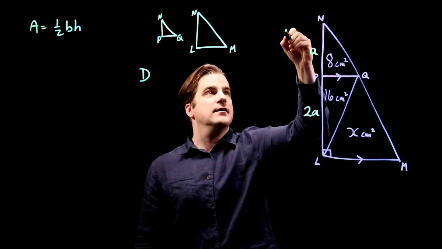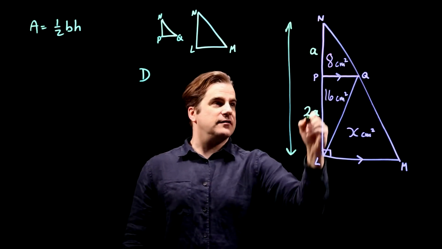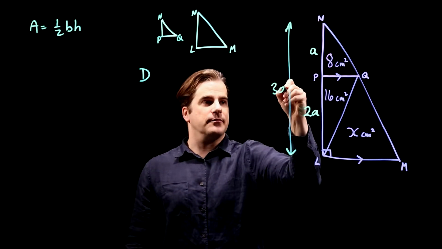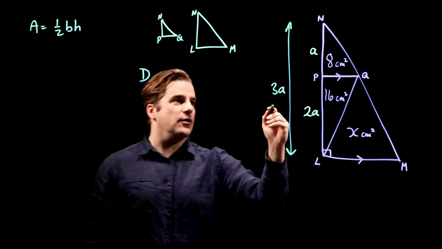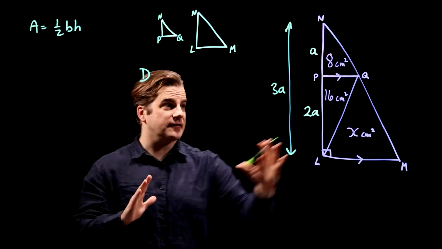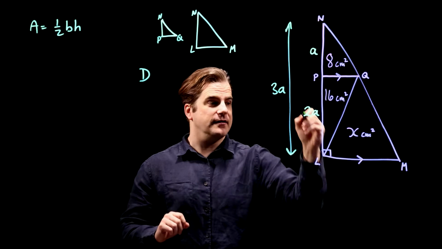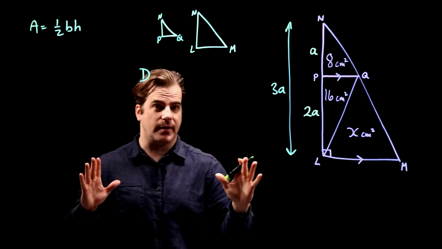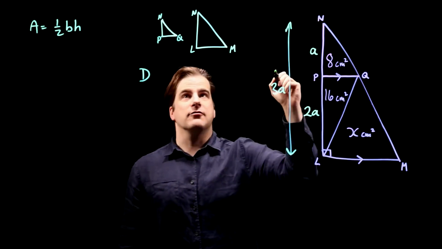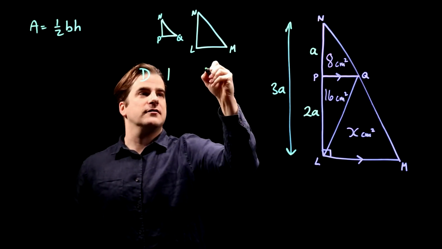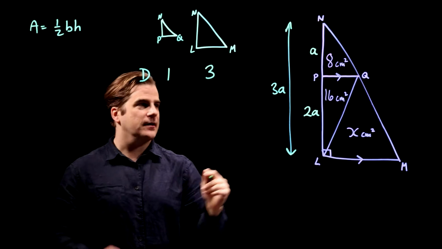The whole thing is A plus 2A is 3A, okay? So the ratio of a one-dimensional quantity, doesn't matter which one, we've chosen this side, we could have chosen that side or that side, but it's very convenient to choose this side for this problem. The ratio is 1 to 3, okay?